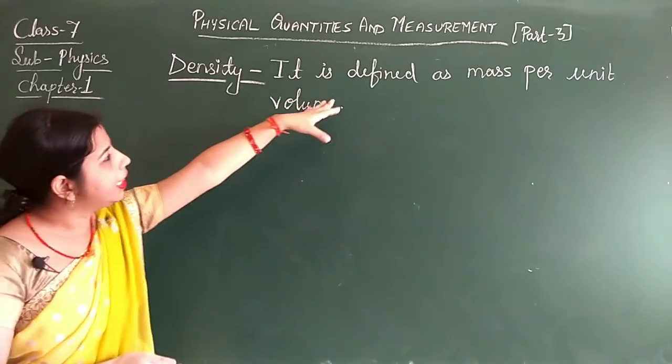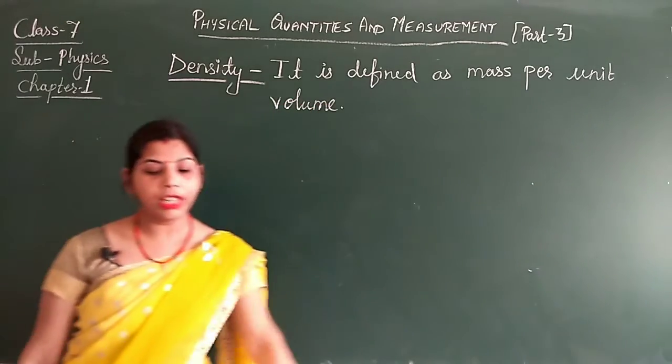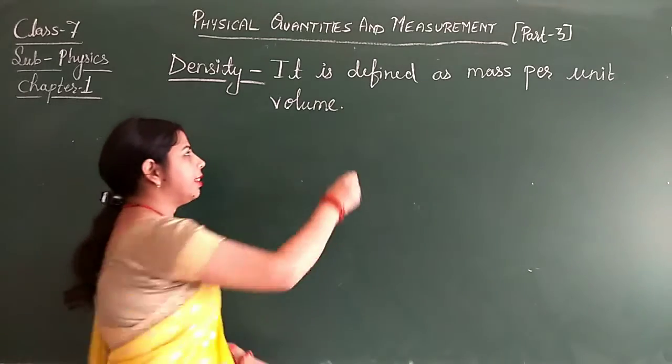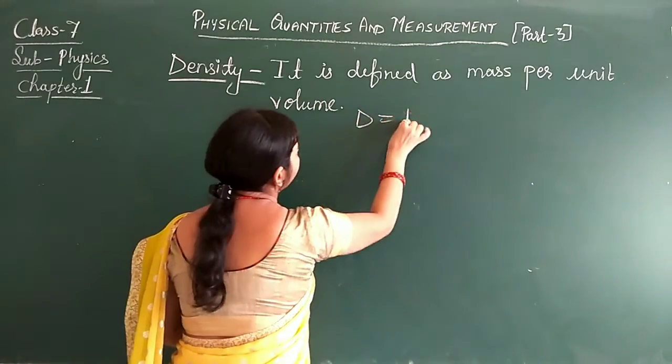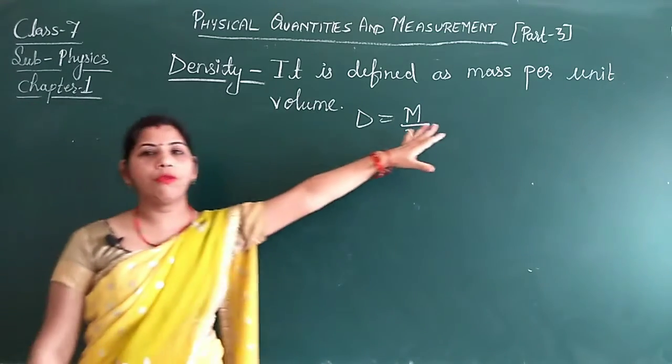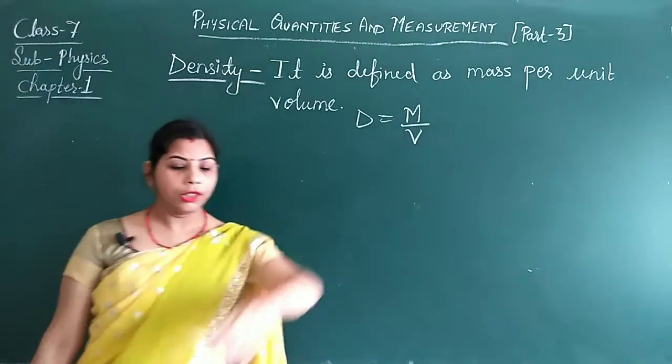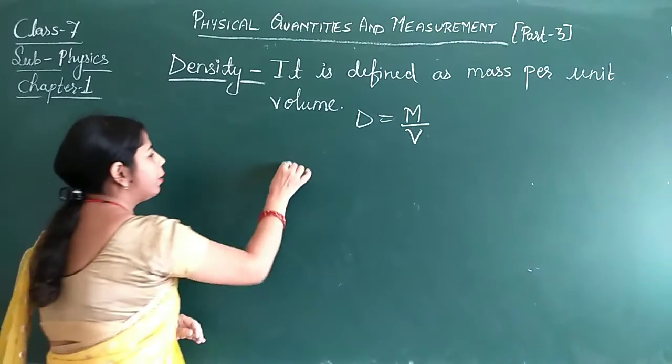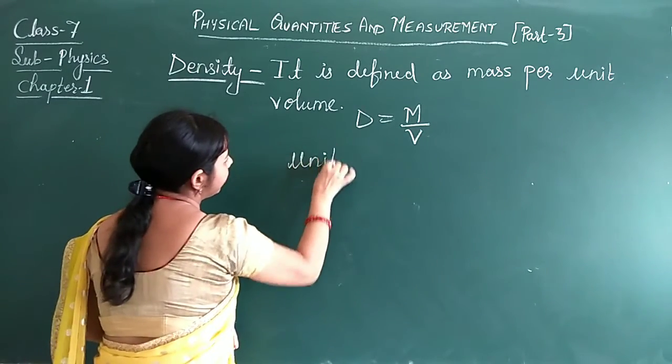So density is defined as mass per unit volume, and we can denote it as D is equal to M by V. This is the formula which is utilized. What is the unit of it?